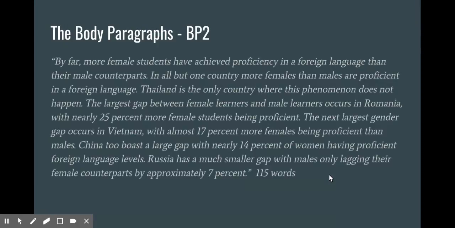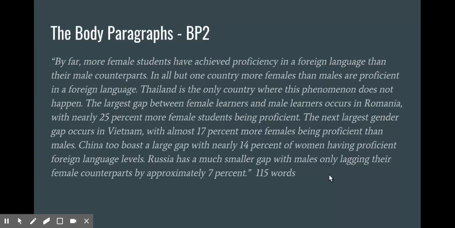By far, more female students have achieved proficiency in a foreign language than their male counterparts. In all but one country, more females than males are proficient in a foreign language. Thailand is the only country where this phenomenon does not happen. The largest gap between female learners and male learners occurs in Romania, with nearly 25% more female students being proficient.